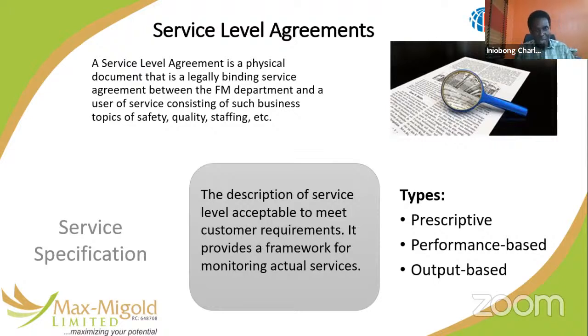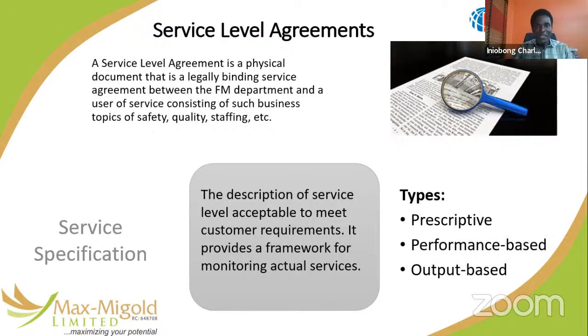Whatever service you are providing, the acceptance level of that service. Sometimes they will tell you for plumbing work, any plumbing work at all, burst pipe or anything, the SLA for that is, say, 6 hours. So it means that within 6 hours, you must fix that plumbing issue.